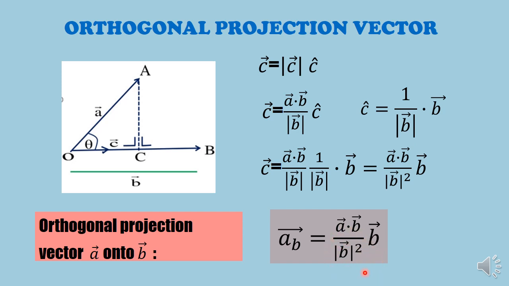Here the denominator is the length of B squared, and you multiply by vector B because the projection vector has the same direction as vector B. In the same way, if you want to find the orthogonal projection vector of B onto A, you just replace the denominator with the length of A squared times vector A.